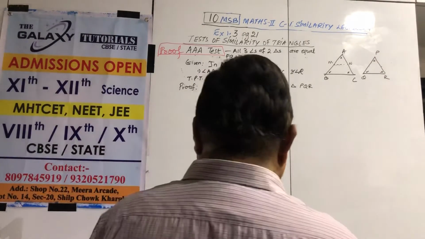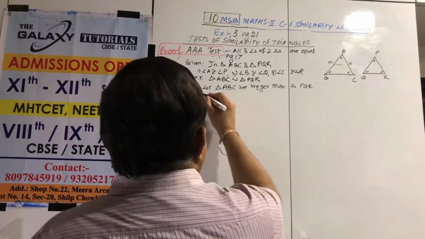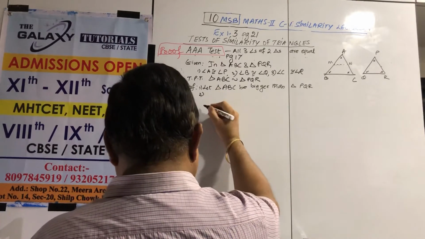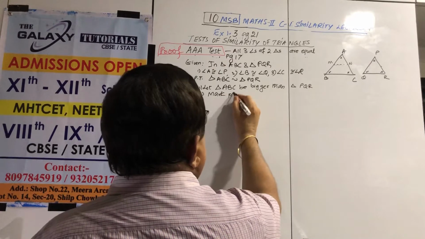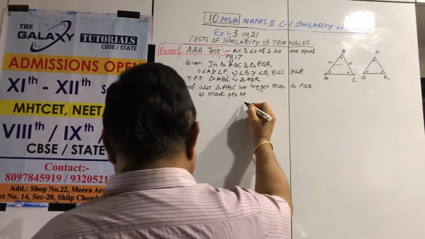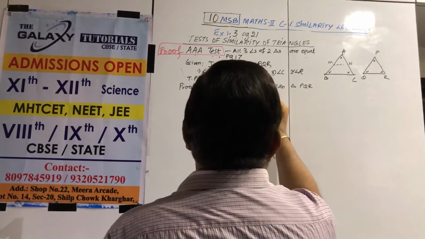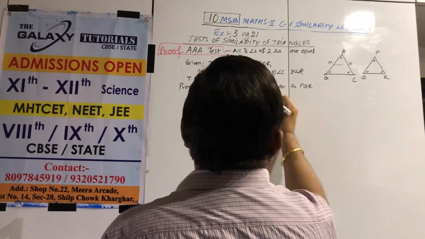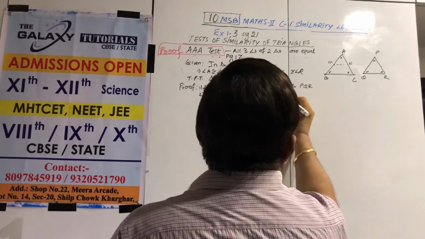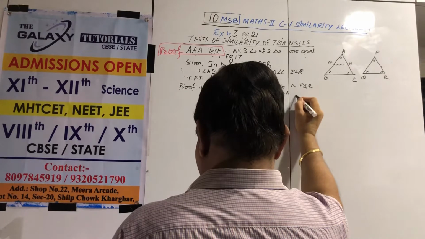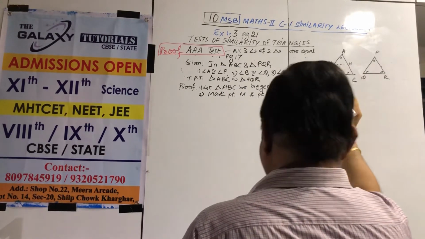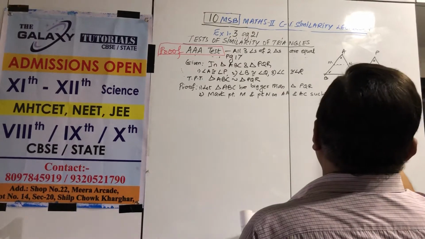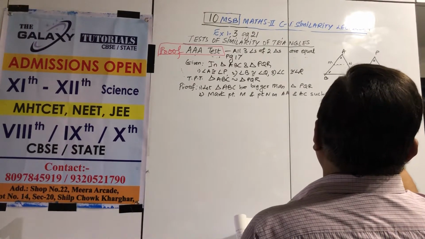Then, okay, first, second, mark points M and N on AB and AC such that AM is equal to PQ.